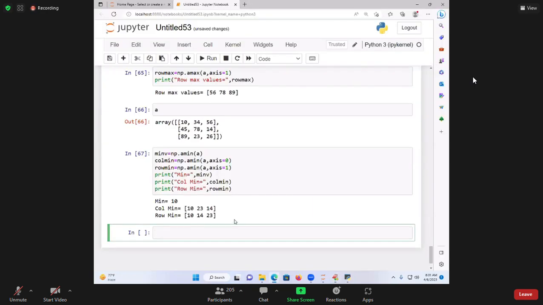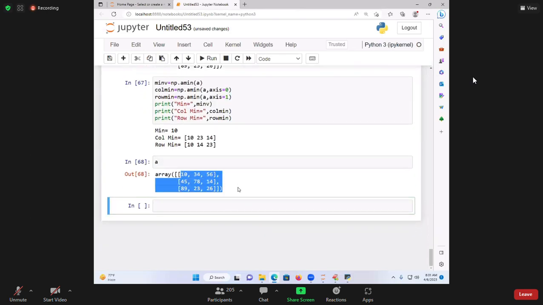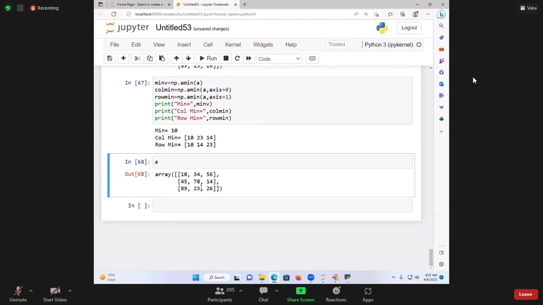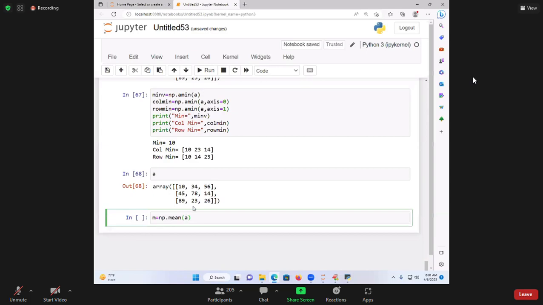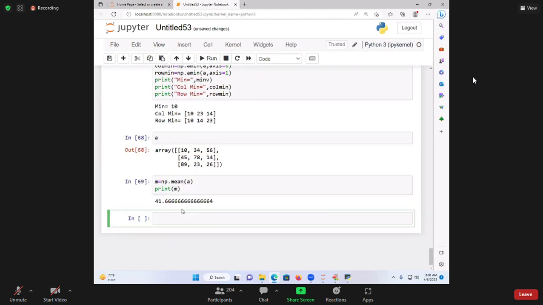If you want, you can find the sum of all elements by 9. You can happily apply. M is equal to NP dot mean of A. Print of M, you try to calculate and then see 41.666 etc. You got it.